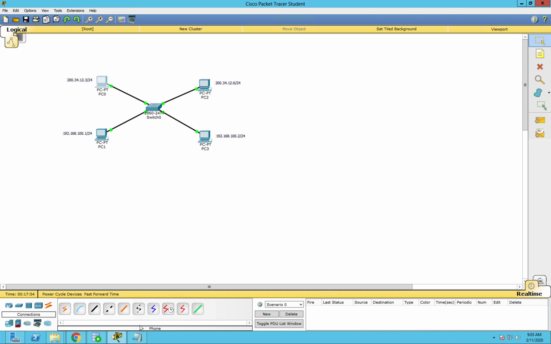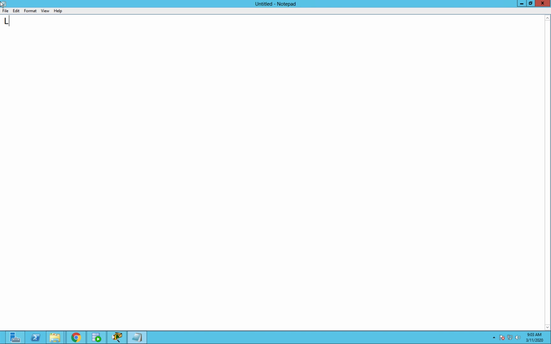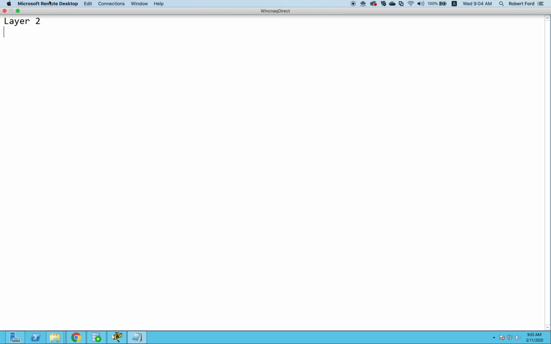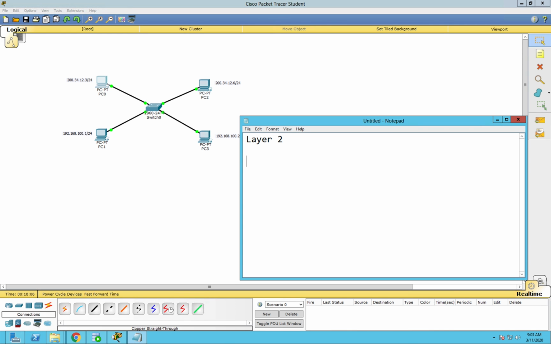So if you remember from our previous discussions, here's what ends up happening at layer 2. When a ping goes out from, say, 234.12.3 to 234.12.6, there will be something called an ARP request, and the ARP request will look like this.